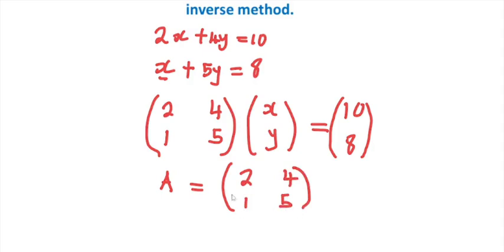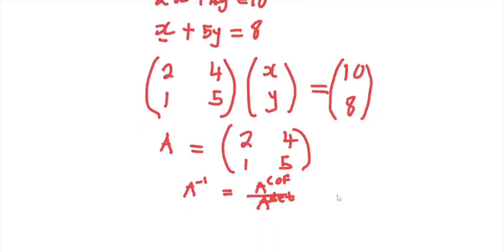From here, we are now going to find the inverse of matrix A. The inverse of matrix A will be found by getting the cofactor of matrix A over the determinant of matrix A. That is what you are going to do here.